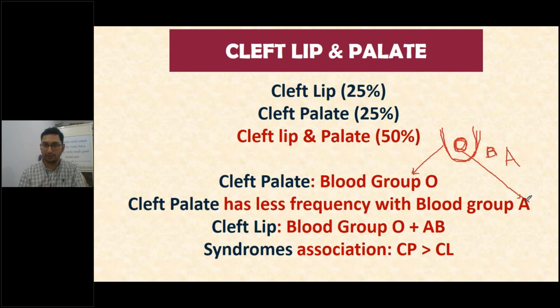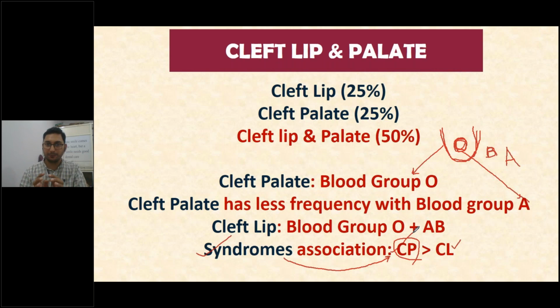Most common with O. Cleft lip is with A plus AB. And syndrome association is more with cleft palate and less with cleft lip. Syndrome sounds larger, and palate also sounds larger than lip, just to make you learn.